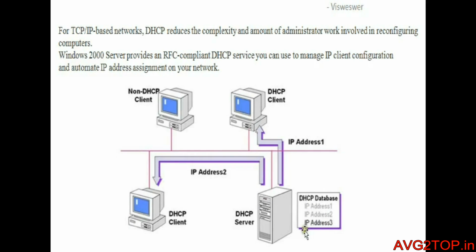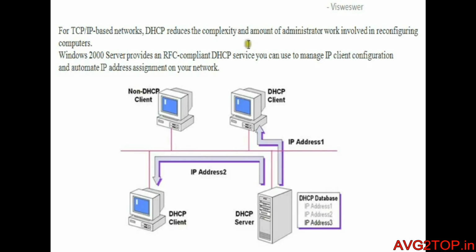And the third is ready to be given from the database by the server to a client, but this is a non-DHCP client. Due to some reason, might be a network failure or no connectivity between the cables, might be any reason, but here as an example, there is an IP address reserved for any computer that is connected to the network.